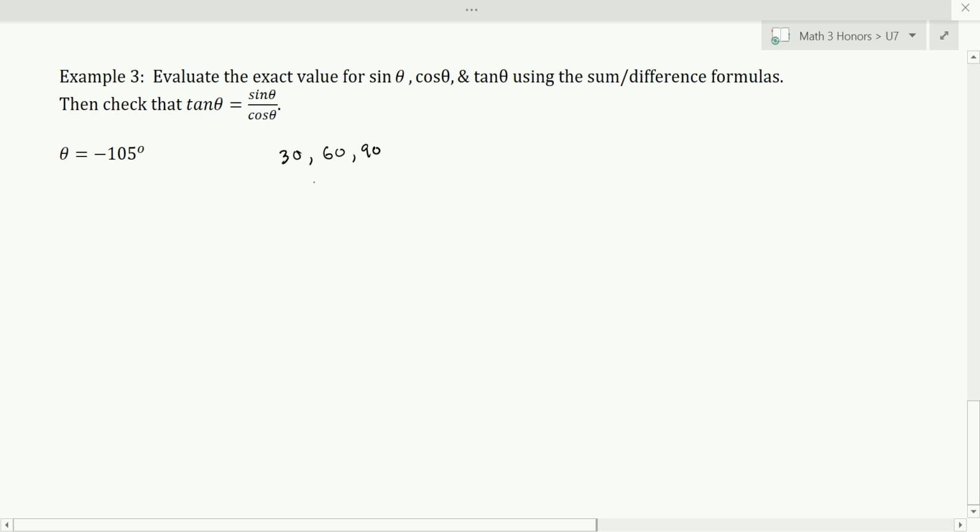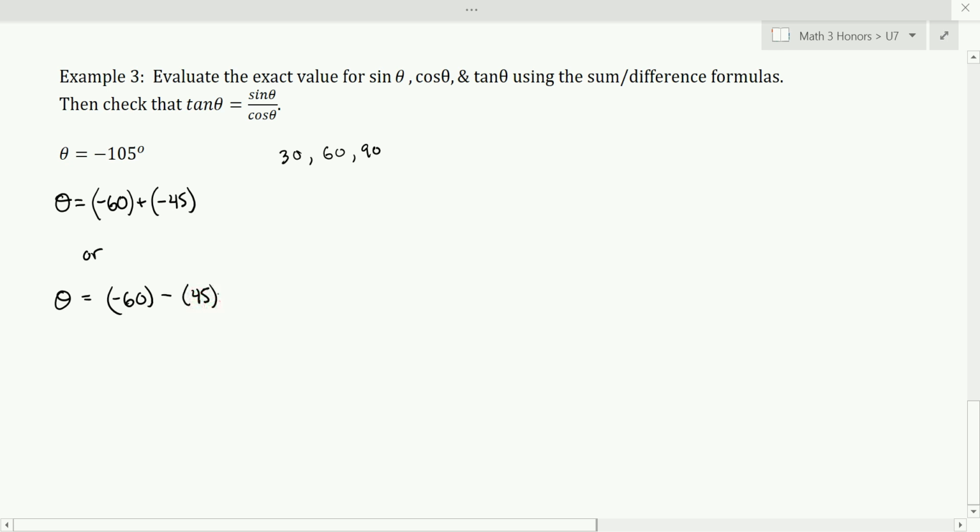Negative 60. So this is negative 60 plus negative 45. No. Or we could use, okay, negative 60 minus positive 45.